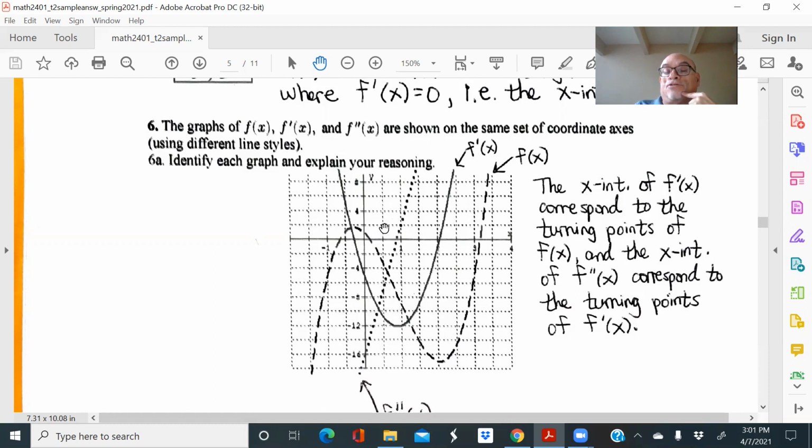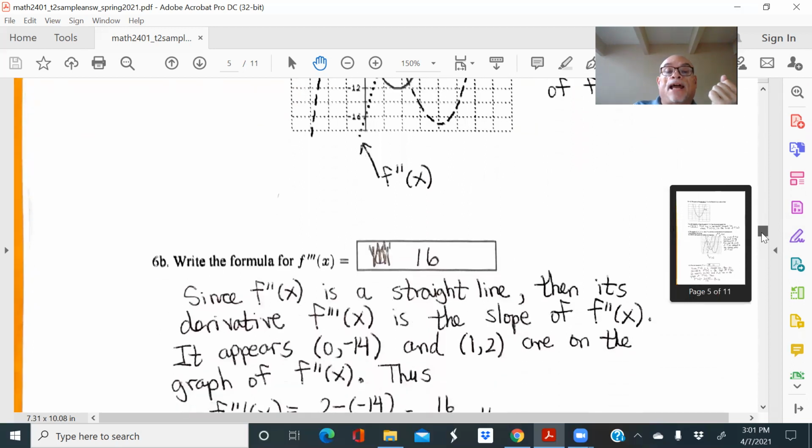So that's a strong clue that the dotted curve is the derivative of the solid curve, because the x-intercept of the dotted curve matches up with the turning point of the solid curve. Well, the solid curve is already the first derivative, so that means the dotted curve must be the second derivative.